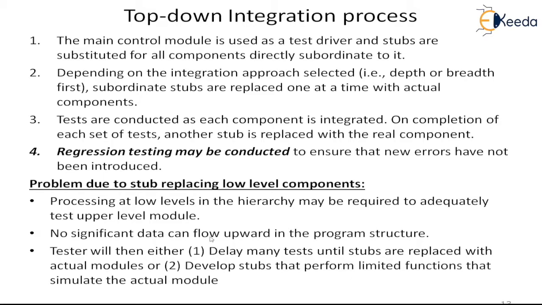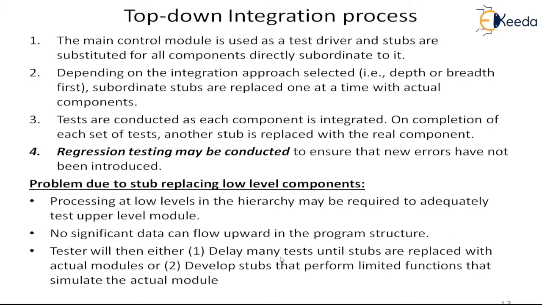So because of these two problems, there is a lot of functional requirement in the higher module, the top module, based on the lower module, and also the data that is moving from the bottom module to the upper module cannot be tested because we have not added the bottommost module in the top-down integration. So some of the functionality cannot be tested.